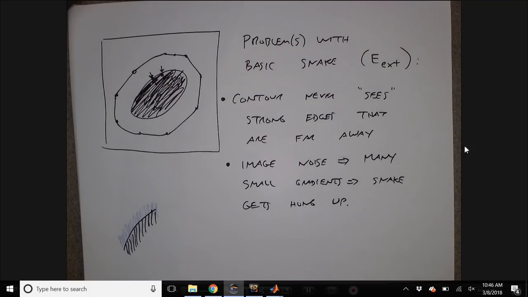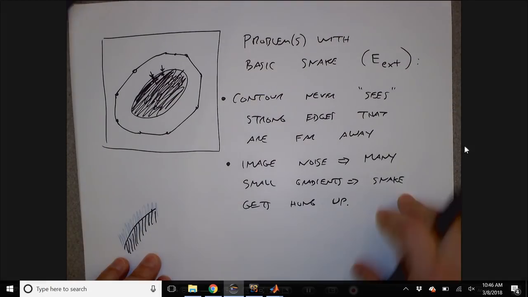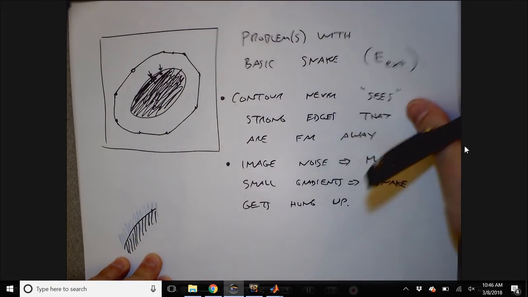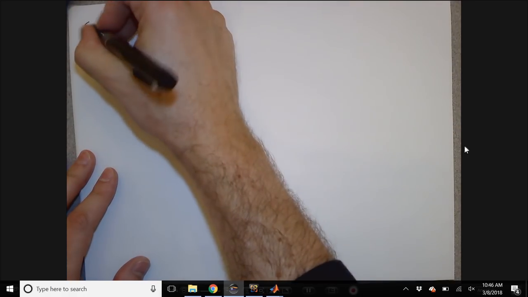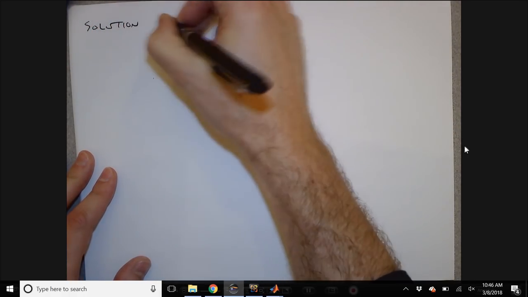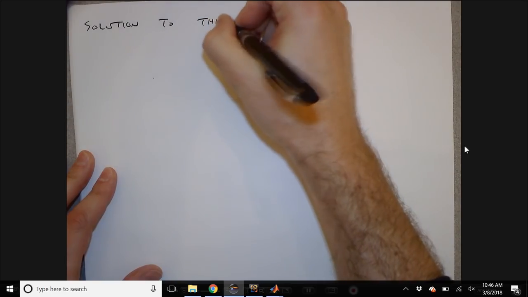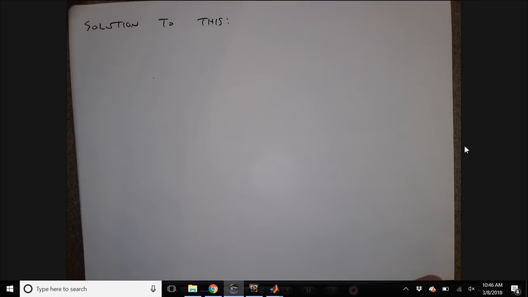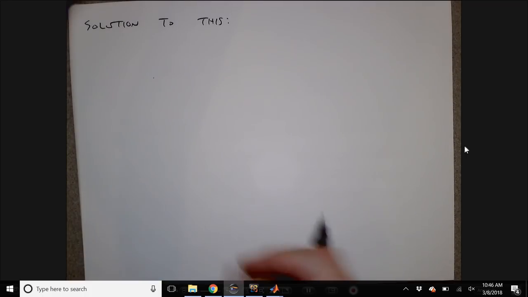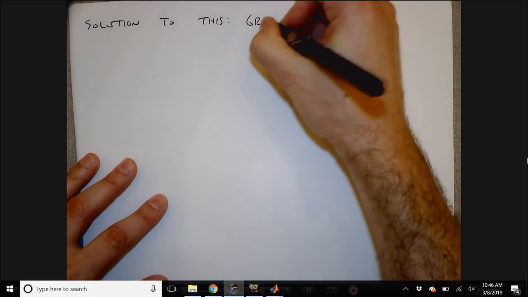So the solution to this, which is pretty slick, is what's called gradient vector flow, okay? It doesn't fully solve the problem, but this mitigates it.